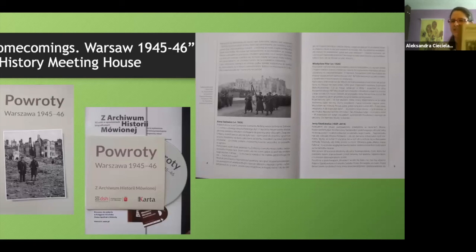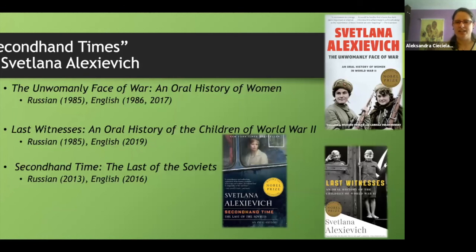So this is one of the examples of what you can do with your oral history collection as an institution such as a museum. The other recommendation is actually available in English, and I very truly highly recommend this author, Svetlana Alexievich. She was born in Ukraine to a Ukrainian mother and Belarusian father. She writes in Russian though, so her ethnic background is very complex.